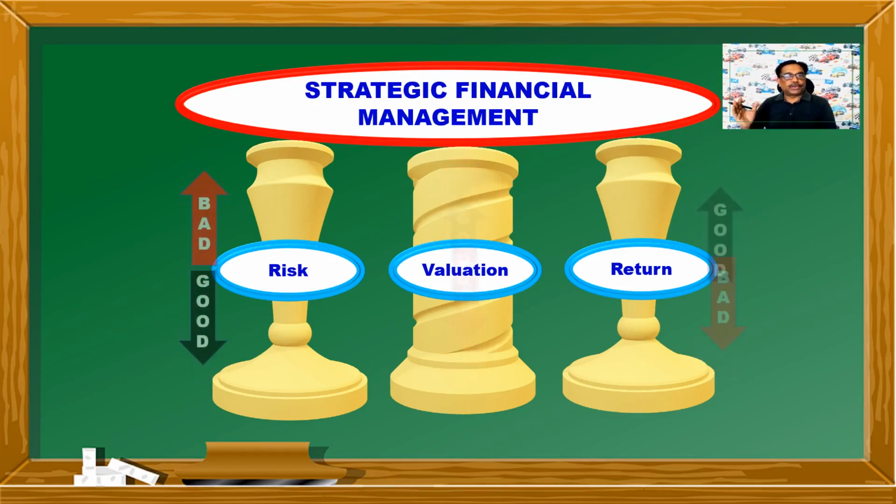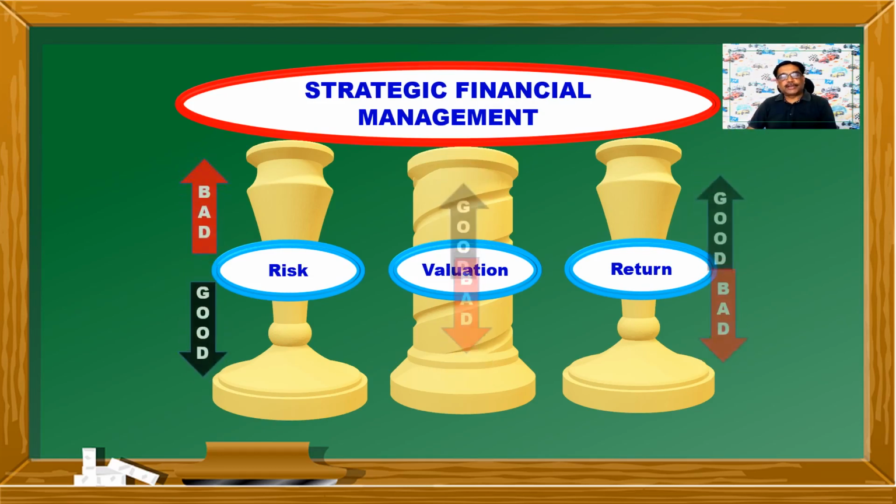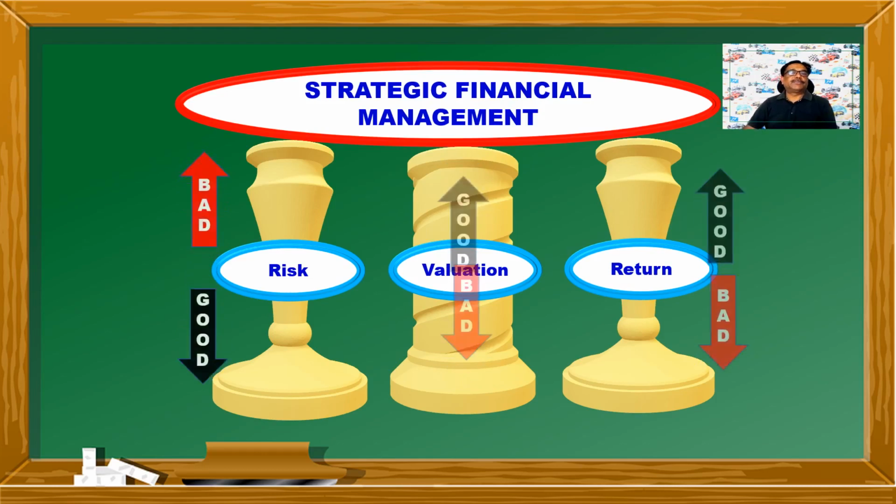Whenever I am talking about risk, I am assuming other things remaining constant. Whenever I am talking about valuation, other things remaining constant. Whenever I am talking about return, I am thinking other things remaining constant. But for decision making purposes, one parameter may not be enough to decide.